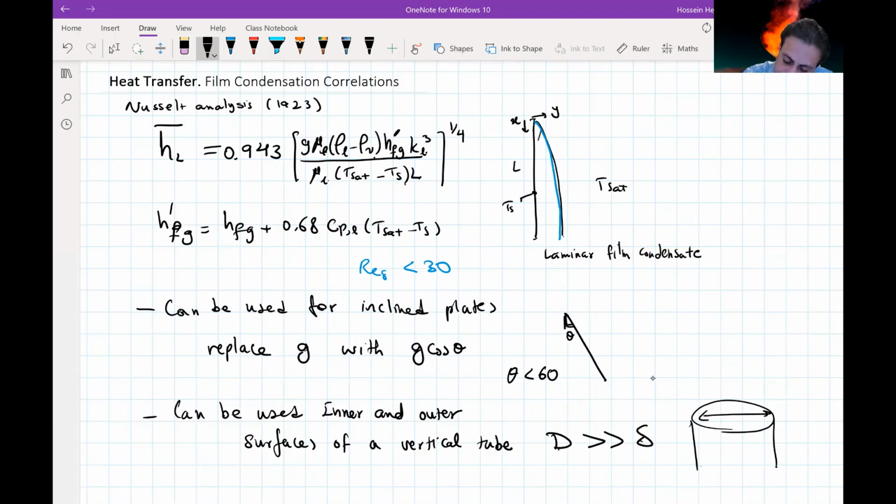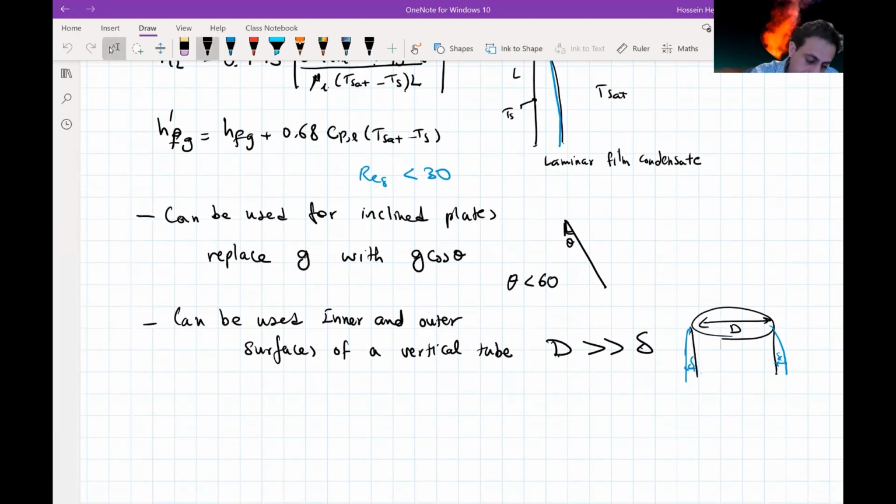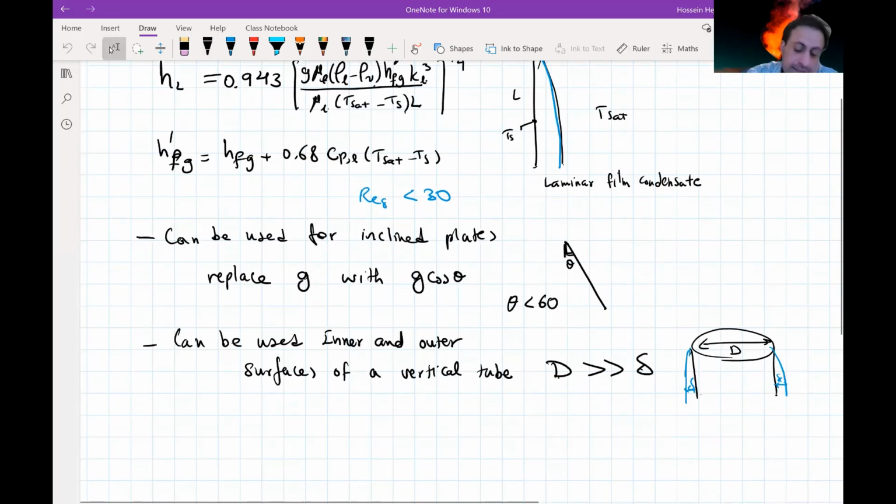The diameter of that tube is much larger than the condensation thickness building up around it, and we can consider that like a flat plate. So this is in terms of the heat transfer coefficients for the laminar region.